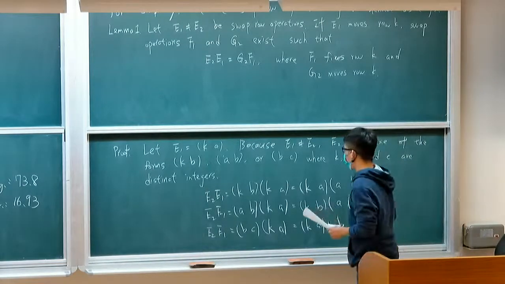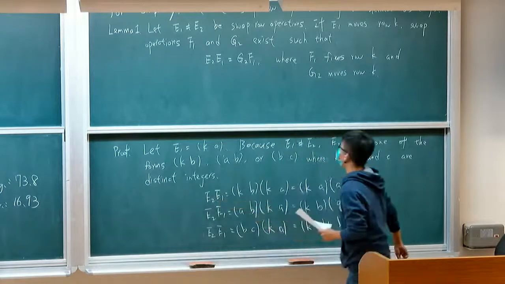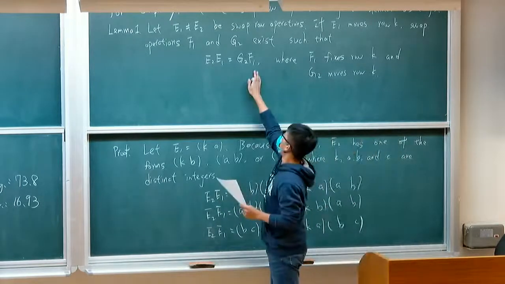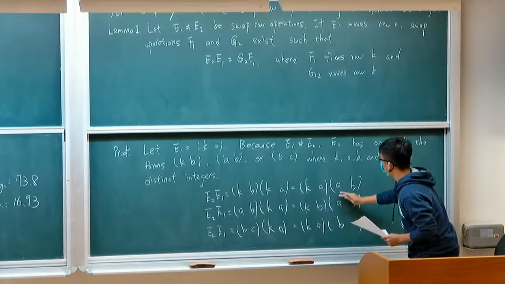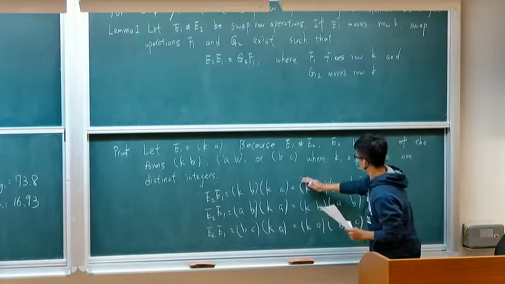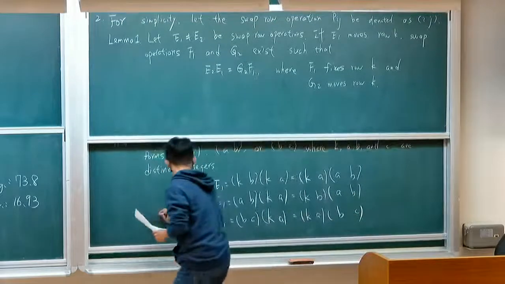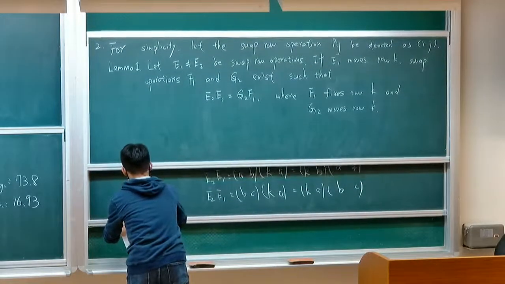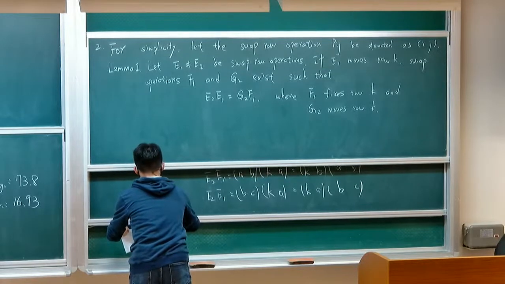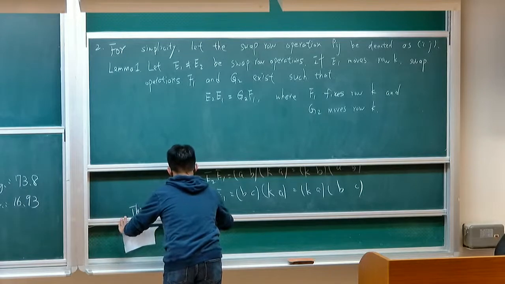Since in all three cases, we can express E2 E1 as some G2 F1, such that F1 fixes row K and G2 moves row K, this proves lemma 1.